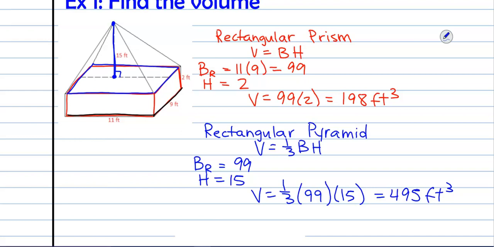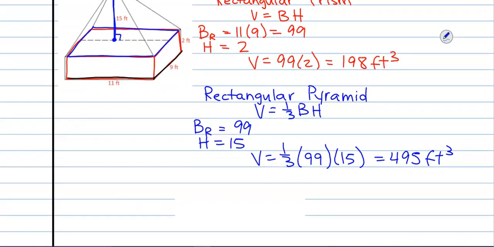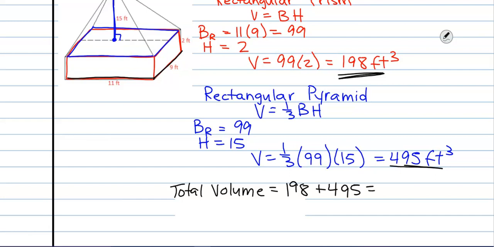Now our final answer is going to be the sum of those two things, right? We have our base, which is a rectangular prism, plus the top, which is a rectangular pyramid. So our total volume is going to be equal to this one plus this one: 198 plus 495.